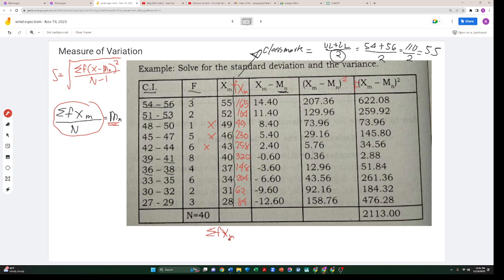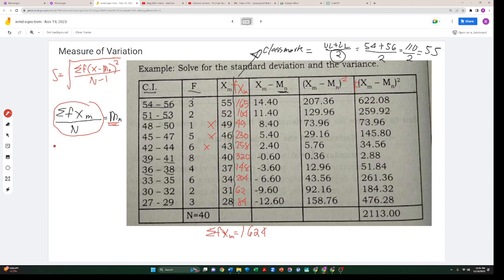Add 165 plus 104 plus 49 plus 230 plus 258 plus 320 plus 148 plus 204 plus 62 plus 84, which is 1,624.